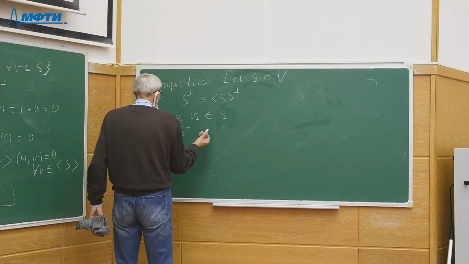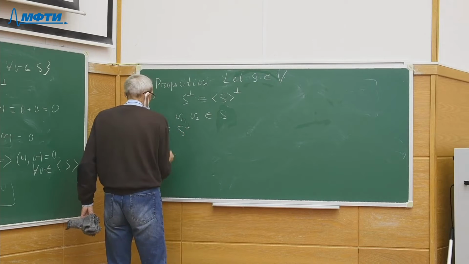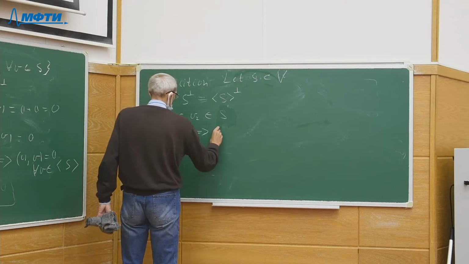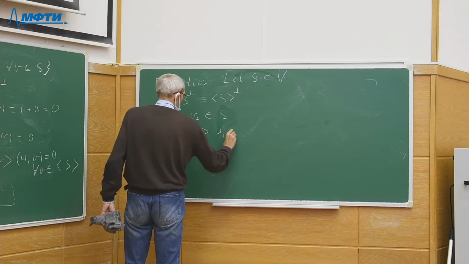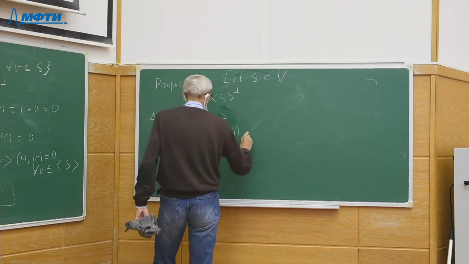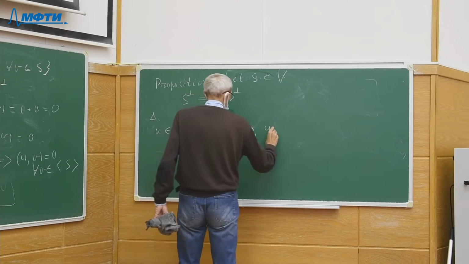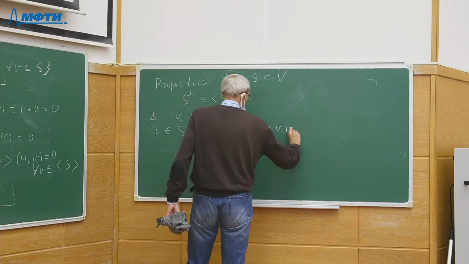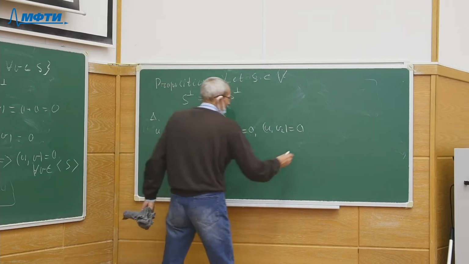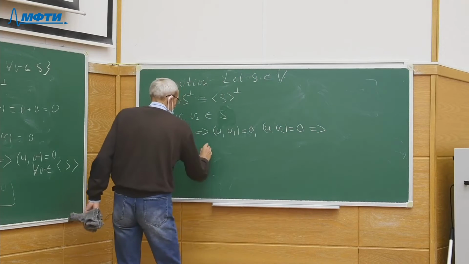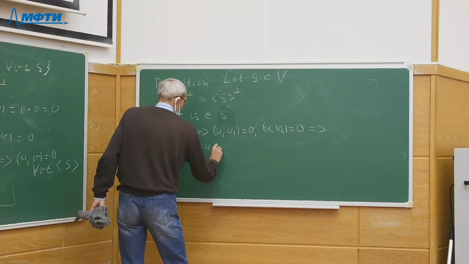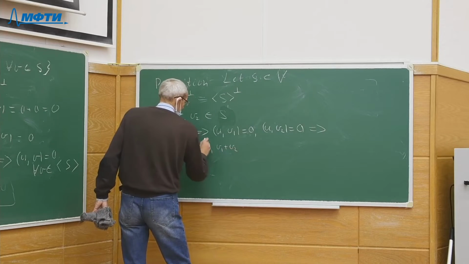If u belongs to S perpendicular, it means the scalar product (u, v1) is equal to 0 and (u, v2) is equal to 0. And from this fact, we obtain that u is perpendicular to the sum of these two vectors.